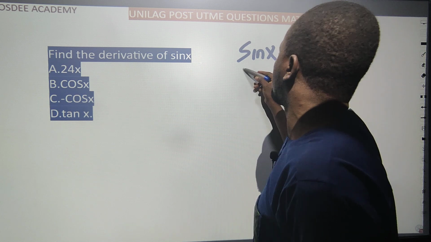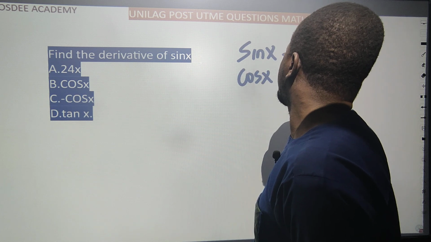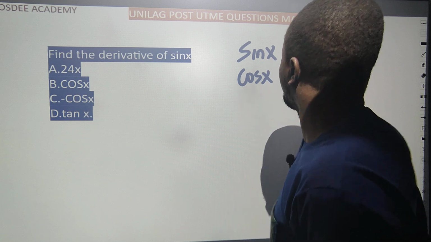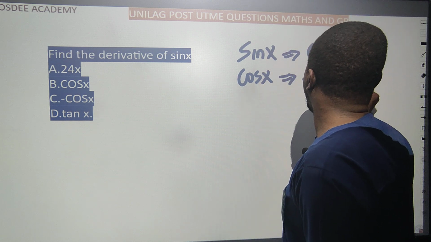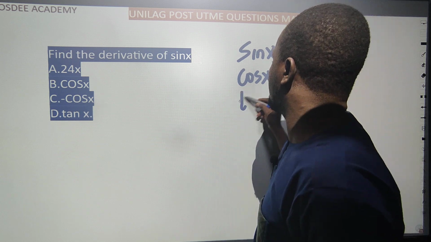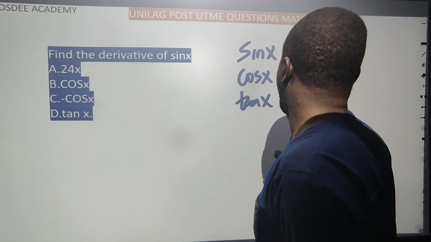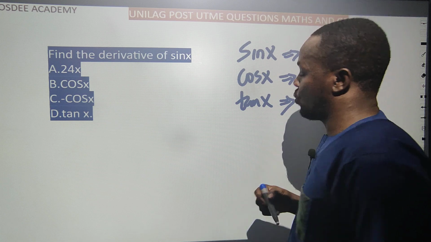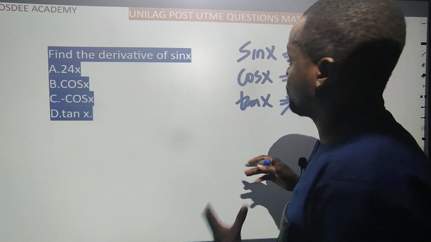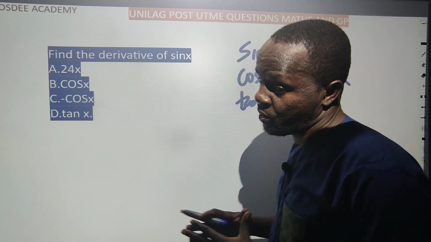And whenever you have cos x, always keep it to be what? Negative. Cos is always going with negative sine x. The other one you can look at, tan x, equals sec squared x, and so on and so forth, but I'm not going into that. I only want to focus on what the question asked me.